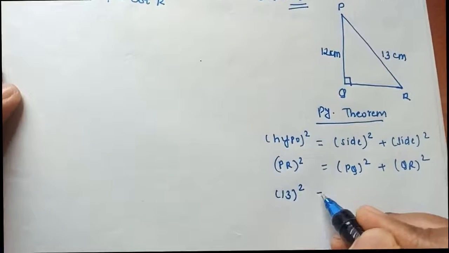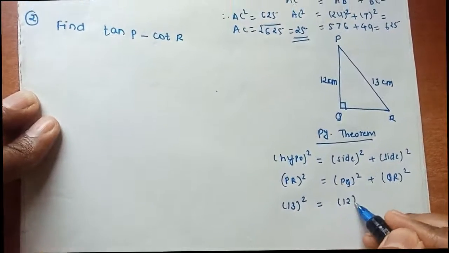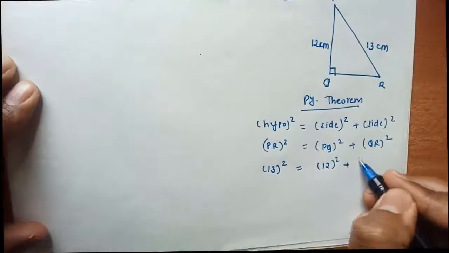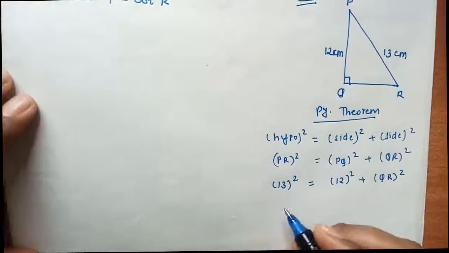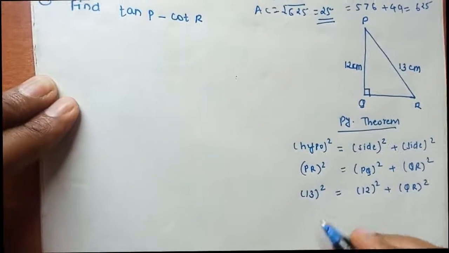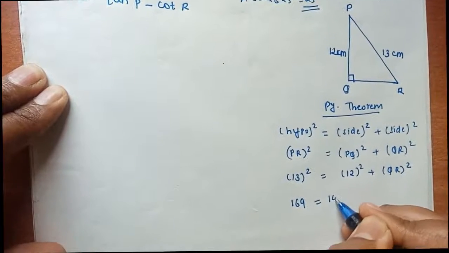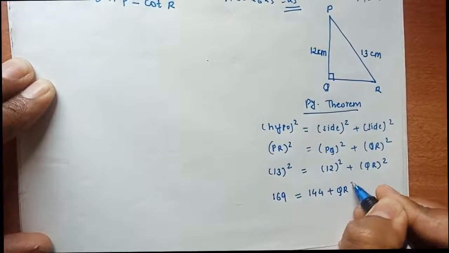Make sure that while solving the problem you do not make any mistake in squaring the numbers, otherwise there is a chance that your complete sum will go wrong. So now 13 square is 169, 12 square is 144, and this is plus QR square.